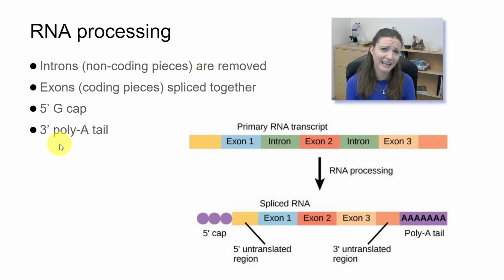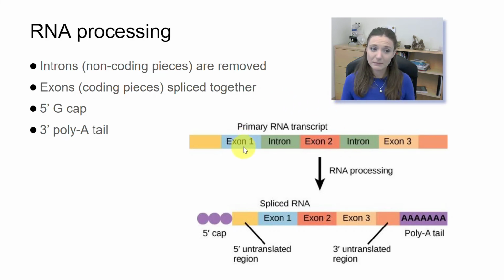So the pieces that get removed, those pieces that contain information that we don't need to build this protein, we call those introns. Introns are sequences of DNA that get transcribed into RNA but do not contain information for how to build that protein. They are going to be removed from that molecule.